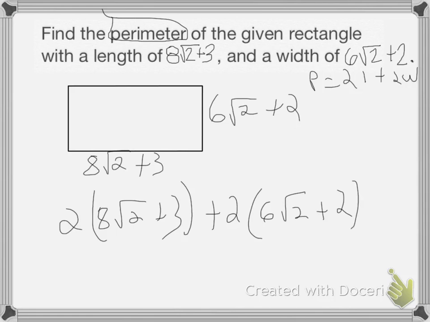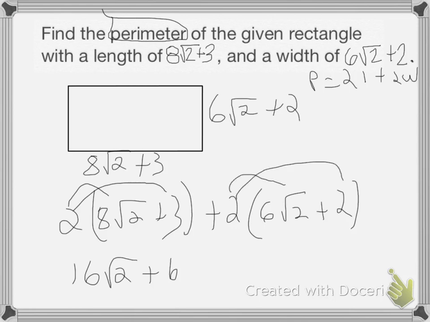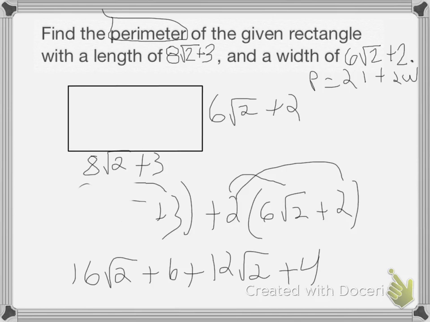And so you distribute the 2 to the 8 square root of 2 and 3. So it would be 16 square root of 2 plus 6. And then 2 distributes to the 6 square root of 2 and 2. So that would be plus 12 square root of 2 plus 4. And let's make some room to combine like terms.